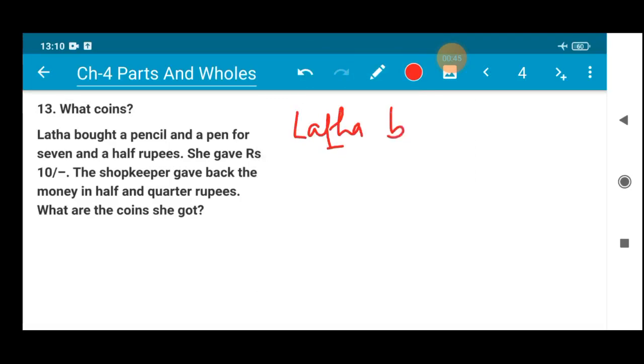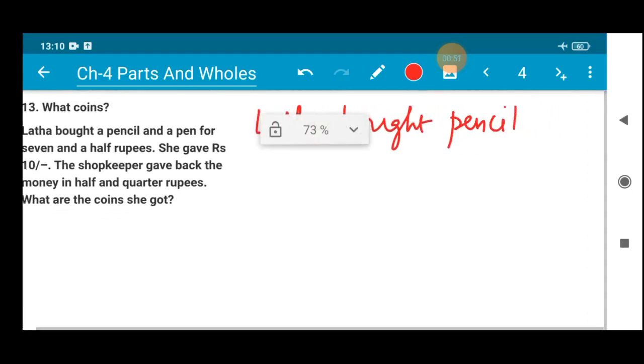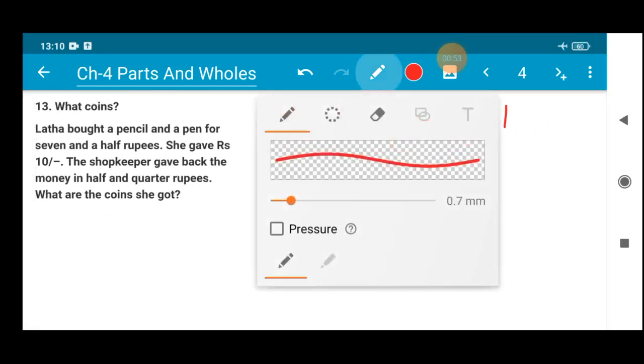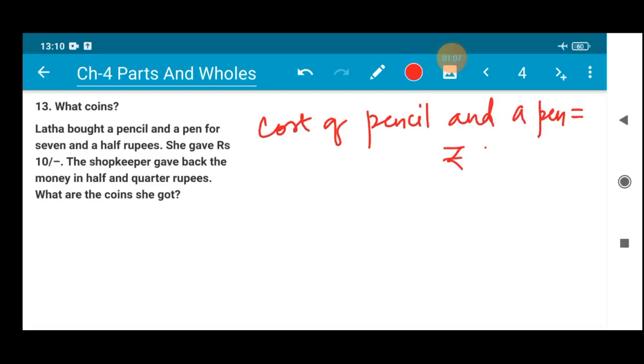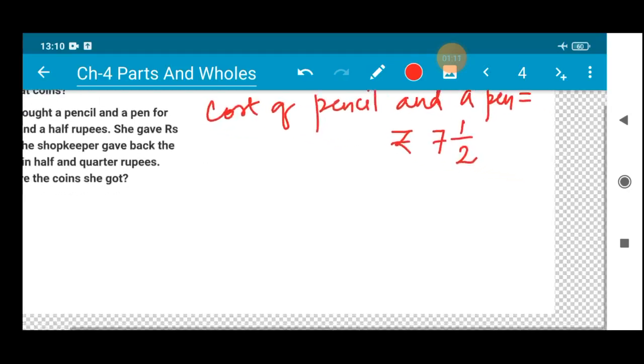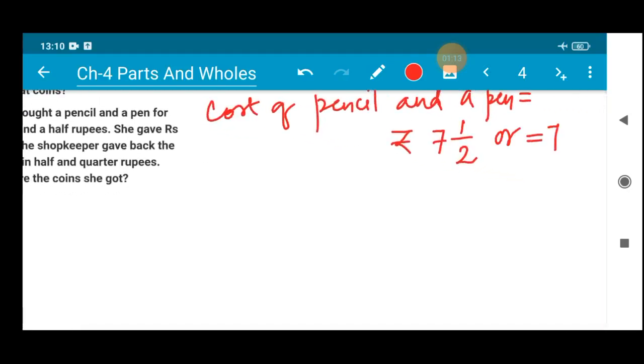Lata bought a pencil, or you can write simply, cost of pencil and a pen is equal to rupees 7.5. 7.5 can be written like this, or it can be written as 7.5.